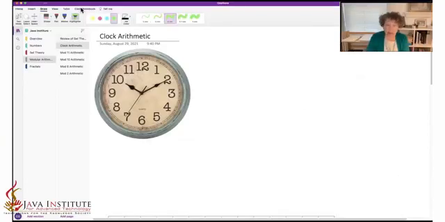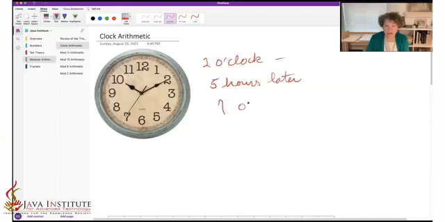And if it's 2 o'clock, then 5 hours later, what time is it? It's 7 o'clock. That's easy enough. If it's 7 o'clock, what is it 10 hours later?